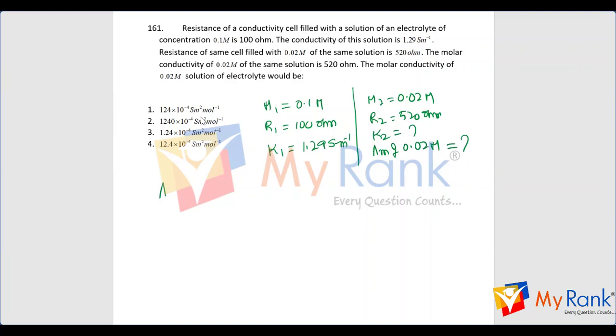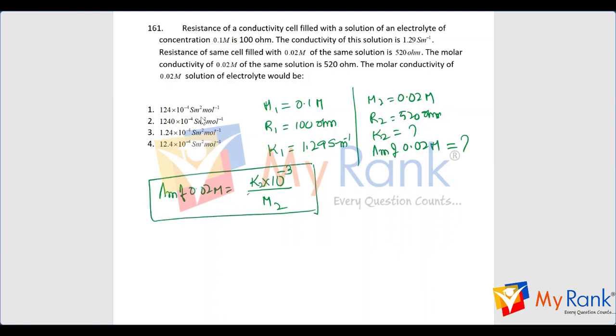So lambda m of 0.02 M is equal to K2 into 10 power minus 3 divided by M2.